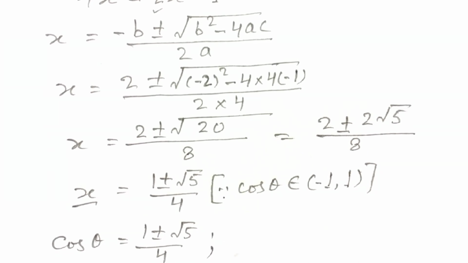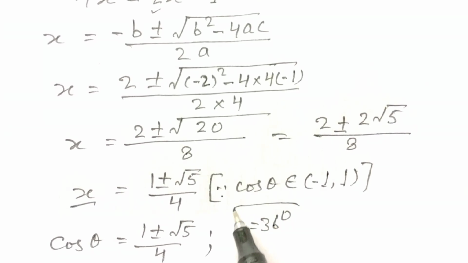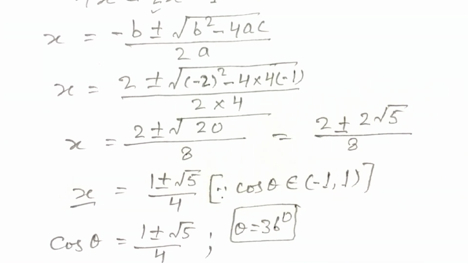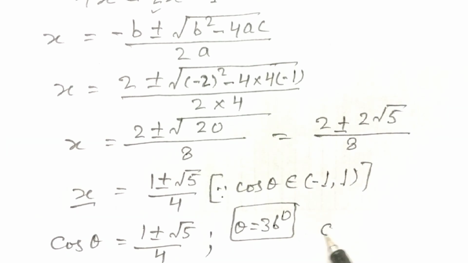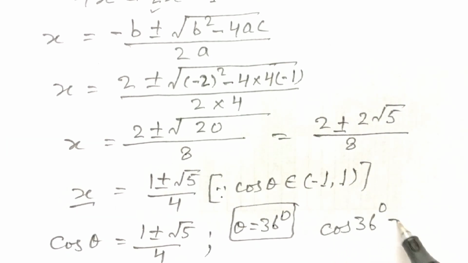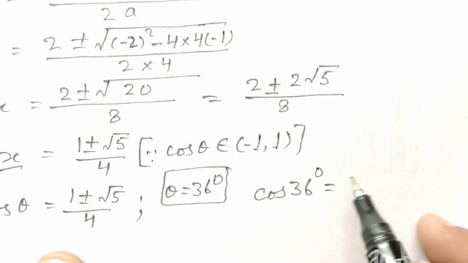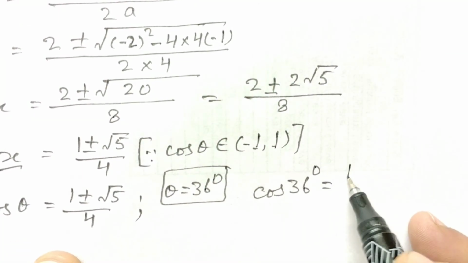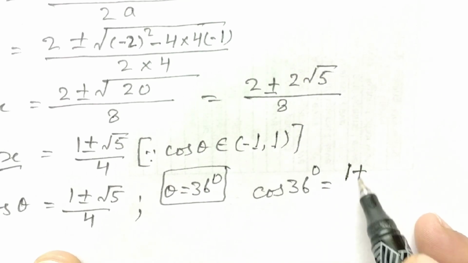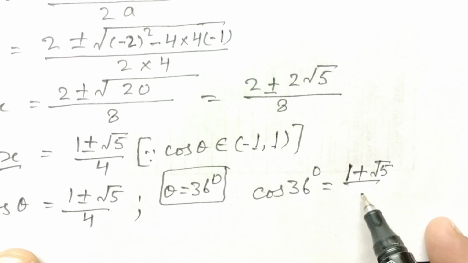As we have assumed theta is equal to 36 degrees. Right. So cos 36 degrees will be equal to 1 plus square root of 5 over 4.